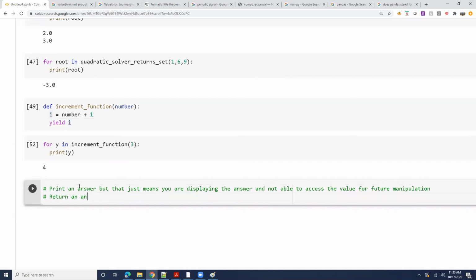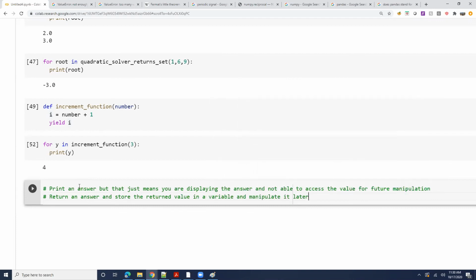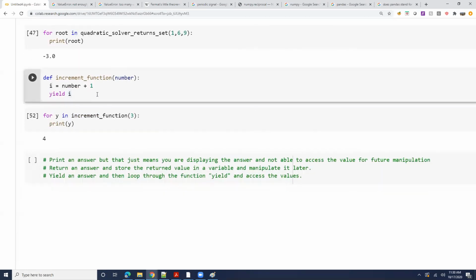You can return an answer and store the returned value in a variable and manipulate it later. Or you can yield an answer and then loop through the function and access the values. So yield is a way of lazily returning the answers.